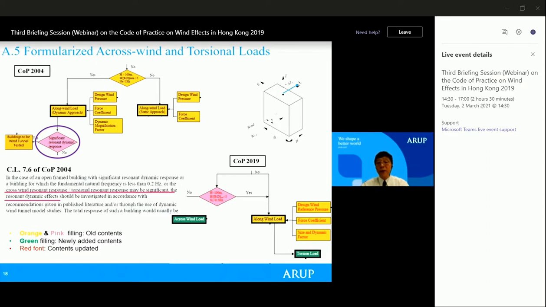But it didn't specifically give an assessment method beyond an internal test approach. In 2019, we have now introduced new equations to calculate the torsional load and also the crosswind wind load. And in the next 2 slides, we will give you the explanation.